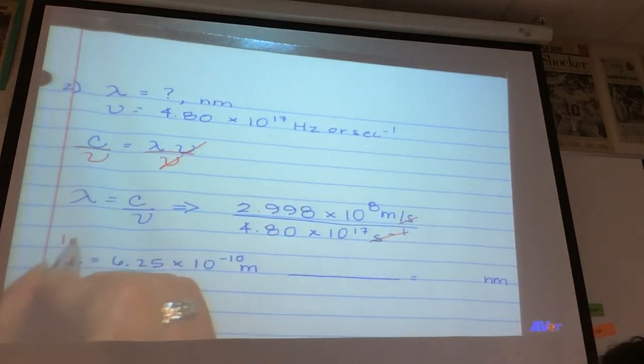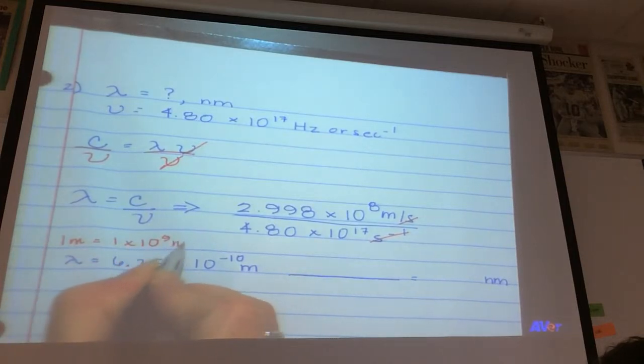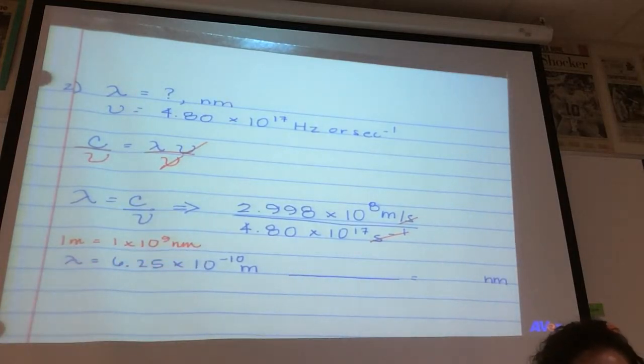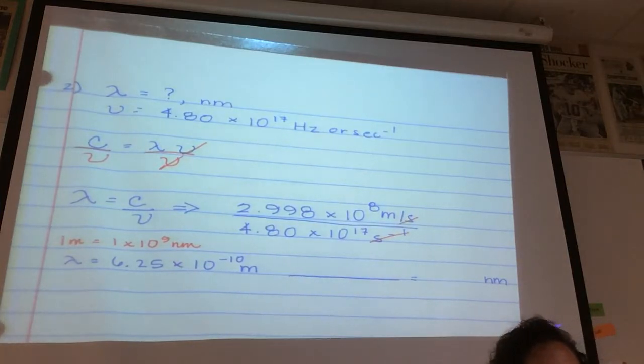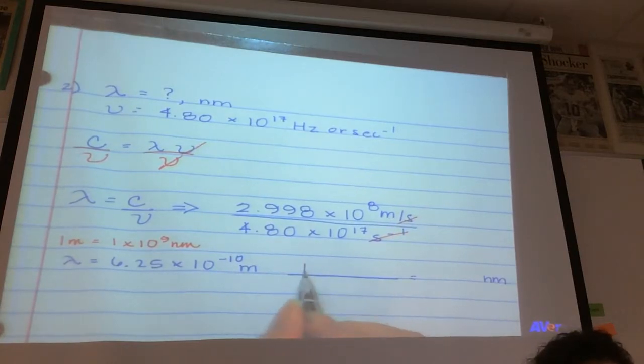Knowing that 1 meter is 1 times 10 to the 9th nanometers, how are you going to convert meters to nanometers? You put the 1 times 10 to the 9th nanometers on top. You got it. And why did you do that?